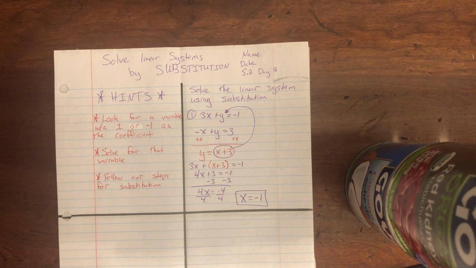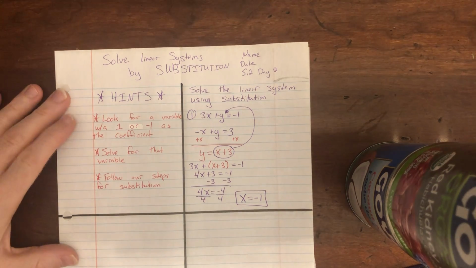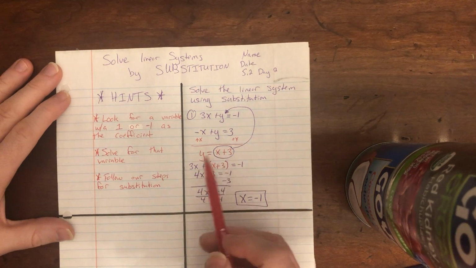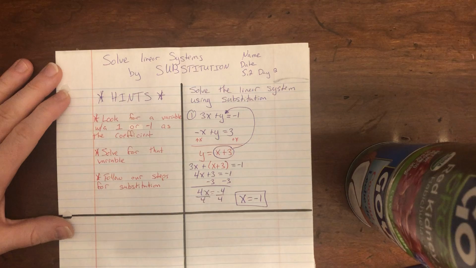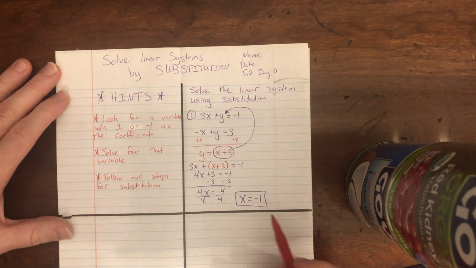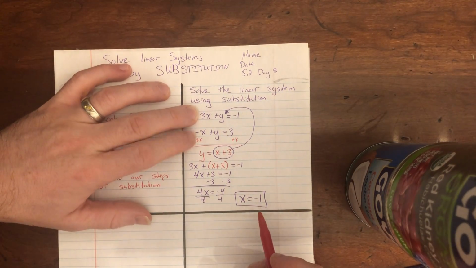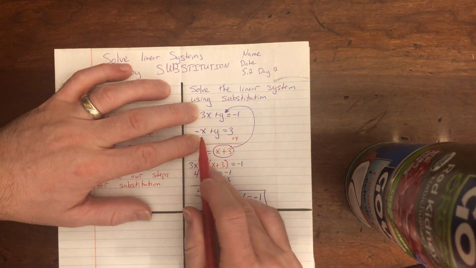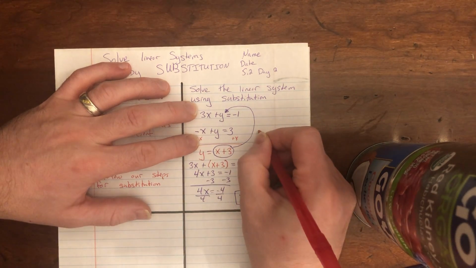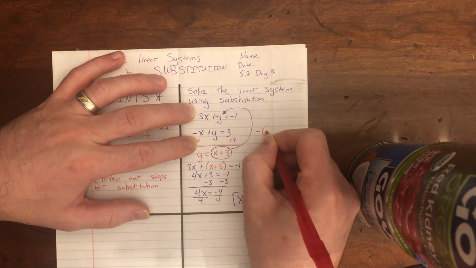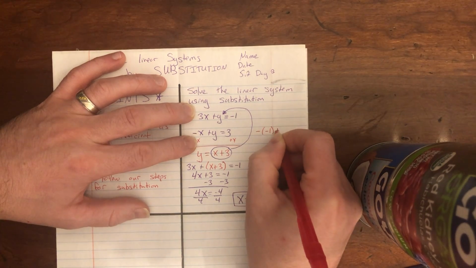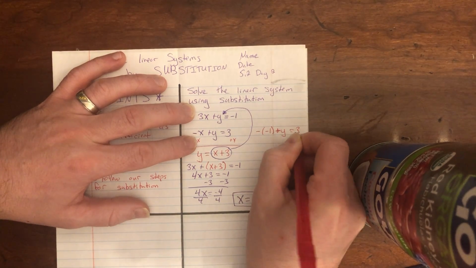Now for the last step, we want to substitute into any one of the originals. The reason we want to substitute into the original is in case we make a mistake, it will show us when we plug it back in. Once again, it doesn't matter which one we choose. I'm going to do the least work I can, so I don't do any multiplication. So I'm going to say the negative of -1 plus y equals 3.